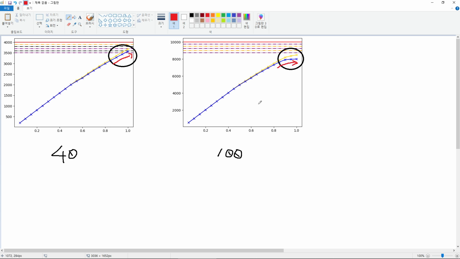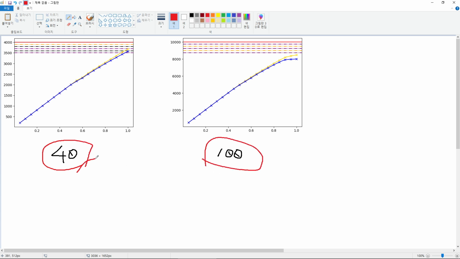You'll see that the slopes aren't as high as I would like. And then I mentioned that because this was 40 items and this was 100 items, I may need to increase the number of entities in the population per generation, because here it was 1000 entities in the population, and here it was also 1000.